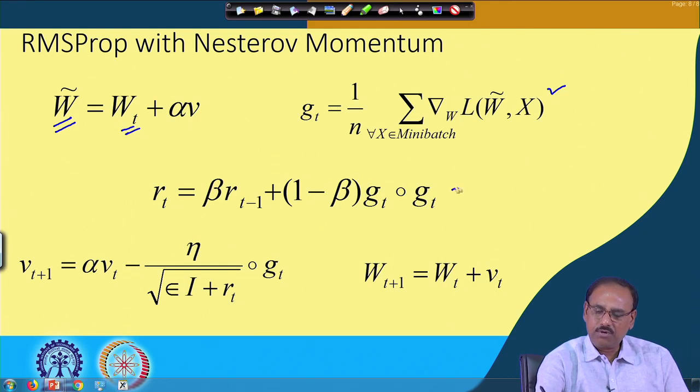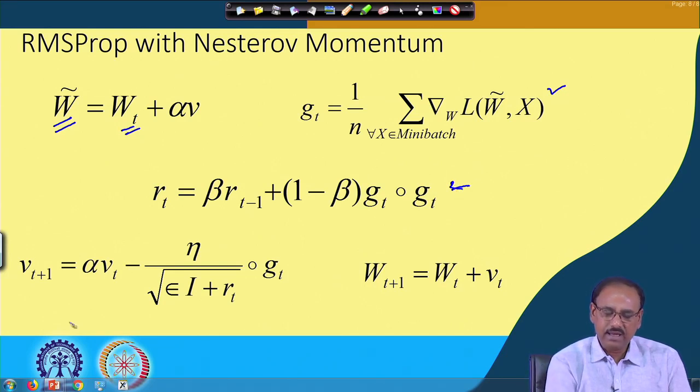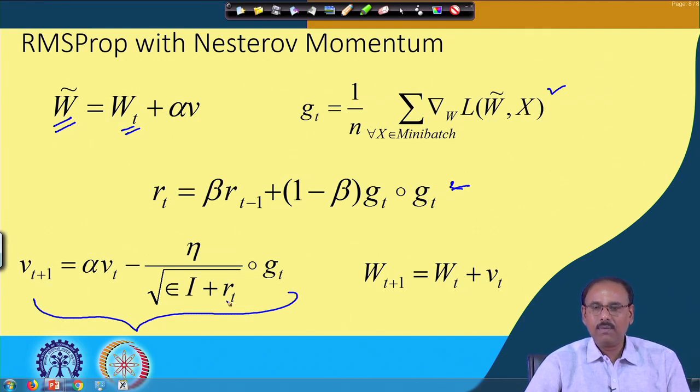As before, you are taking the exponentially decaying average of the squared gradients, and then your update rule remains as before. So, this is RMSProp further improvised with Nesterov momentum.